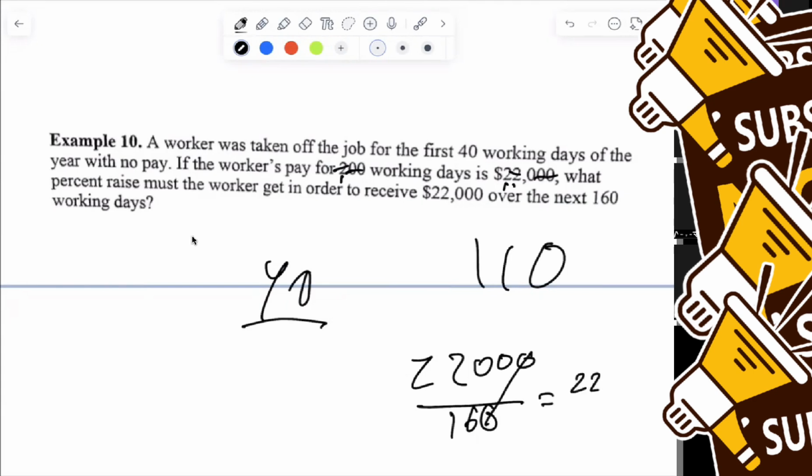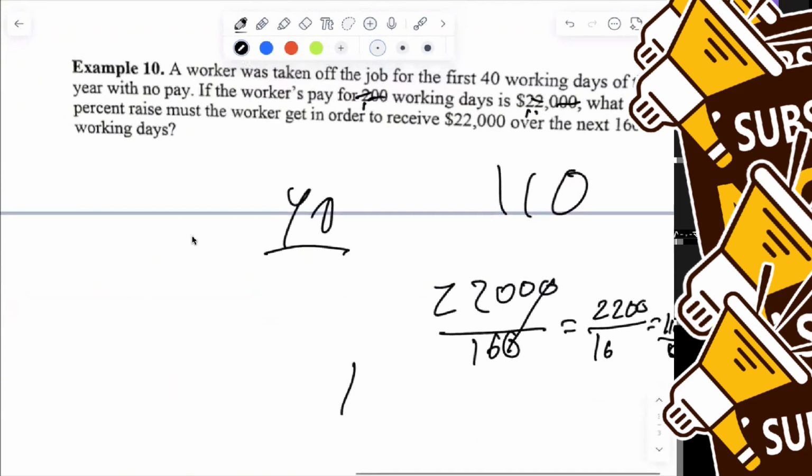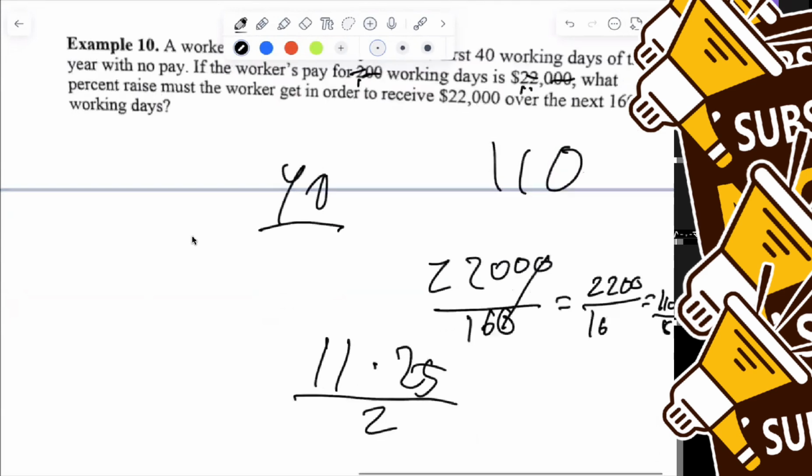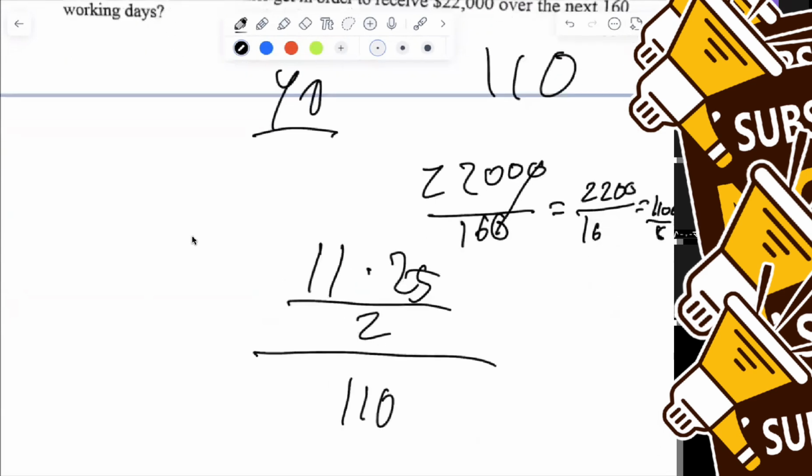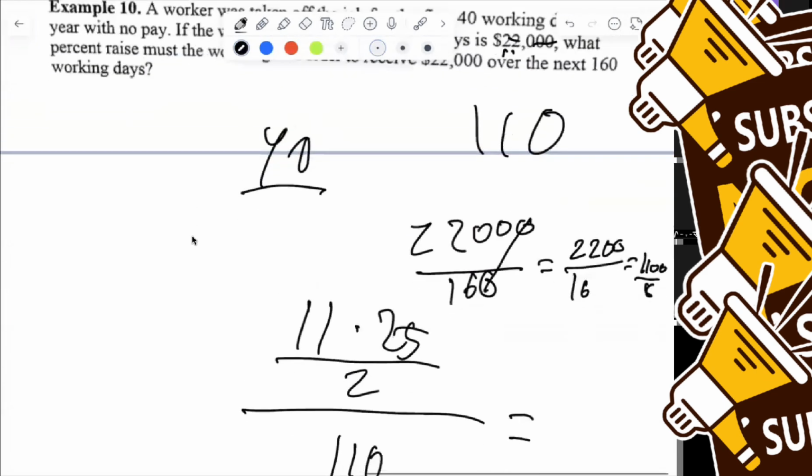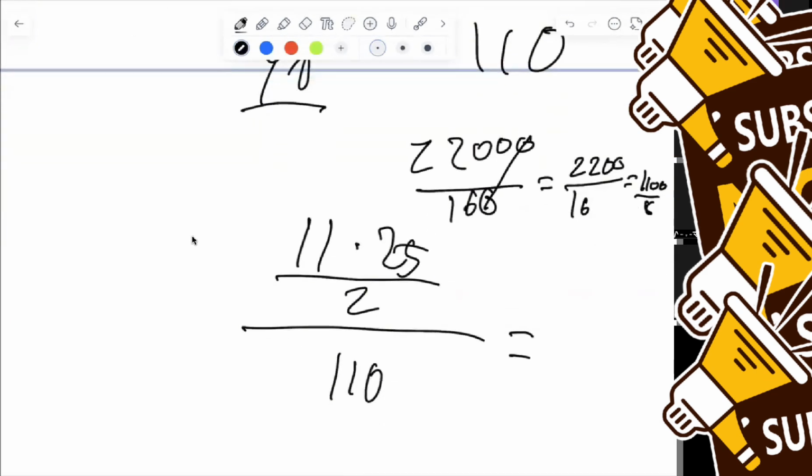You do 2,200 divided by 16, or you can do 1,100 divided by 8, or 11 times 25 divided by 2. Now we want to find the ratio between that and 110, so we might as well just do this. It gives you 137.5 divided by 110. This gives you 1.25.